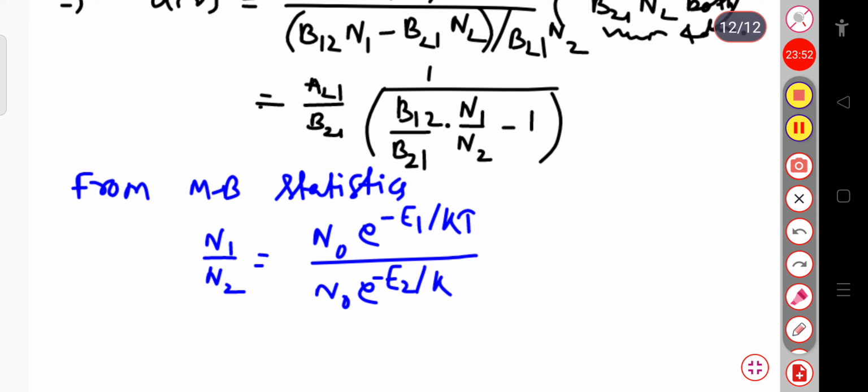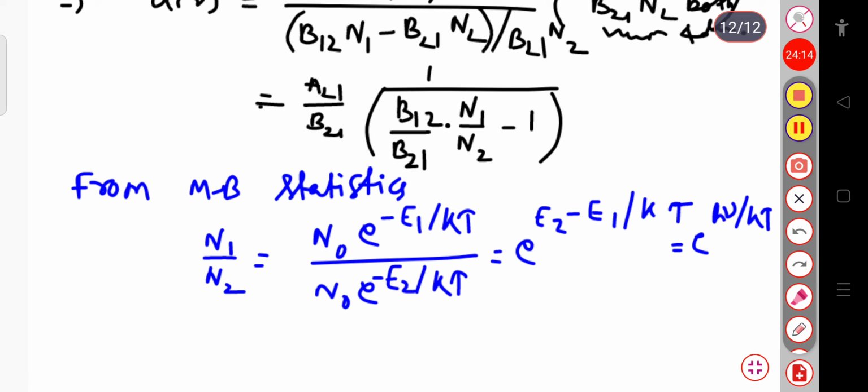This N0 gets cancelled, so this will be simply exponential of E2 minus E1 whole divided by kT. E2 minus E1, the energy difference between the two energy levels, is h nu. So this will be exponential h nu divided by kT. This is the value of N1 by N2.